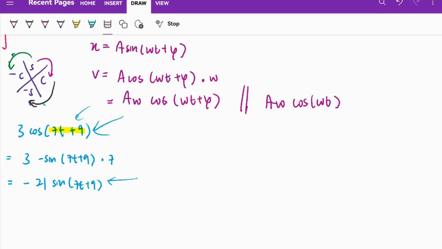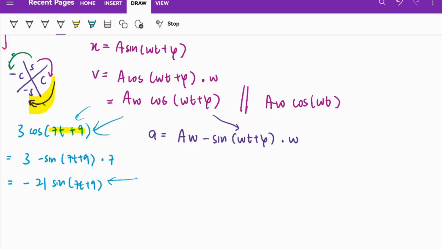Now, how about acceleration? For acceleration, we have to differentiate our velocity, right? So let's differentiate velocity. A omega remains. Differentiate cos, you get negative sine. Remember to copy the term in the bracket first, then differentiate. So negative sine omega t plus phi, and you differentiate the bracket, you will get omega only.